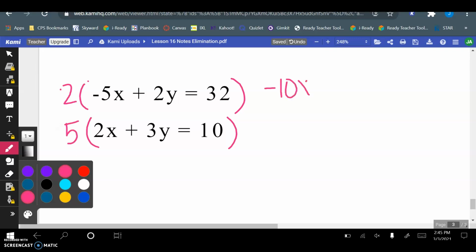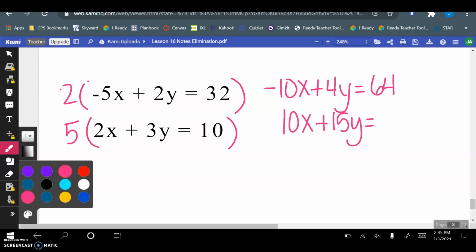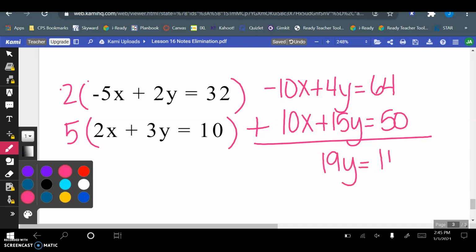So I'm going to have negative 10x plus 4y, and 2 times 32 is 64. And then here I'm going to have 10x, 15y, and 50. So if I add going straight down, I have 19y, and 64 and 50 make 114.